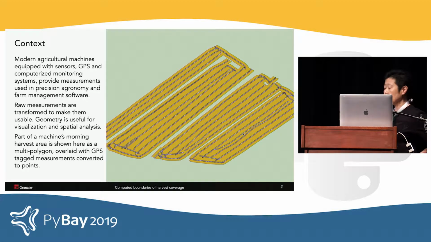And using the sensor width, we basically build this geometry that is the fitted boundary around where the actual machine traveled and collected grain. So you can use this to show what percentage of the field you actually harvested. So geometry is a very useful derived piece of data from the raw measurements.